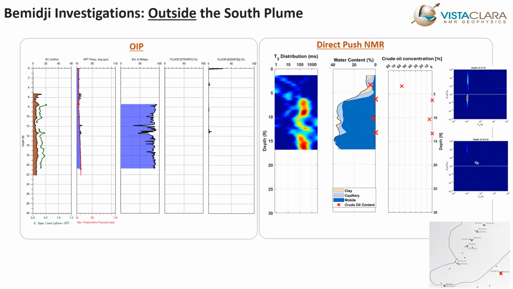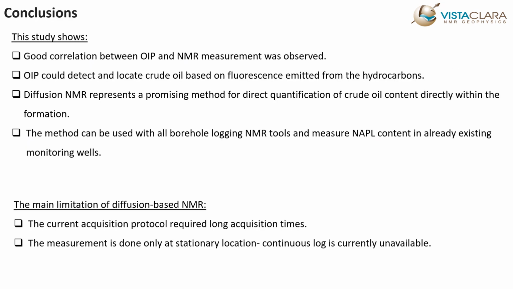So if you look at these diffusion-T2 correlation maps, you can actually see that yes, in this location there is a peak with lower diffusion coefficient than that of water, and that peak corresponds to 55% crude oil concentration in this location. But if you look at a deeper location at about 10 feet, you can see that it's just water. It's a water peak.